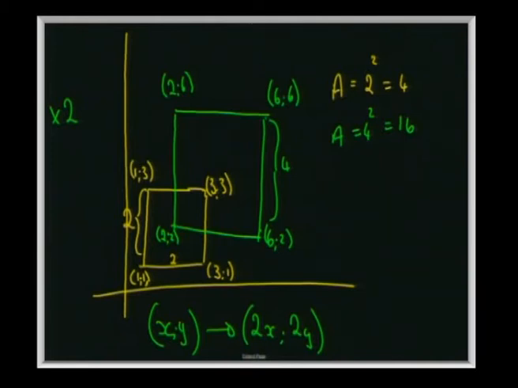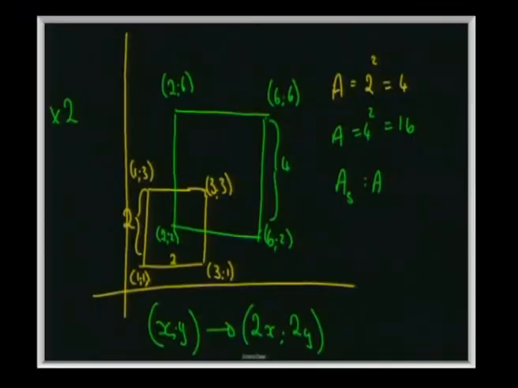So if I look at the ratio area small to area big, I have the ratio 4 to 16, and we all know that we have to simplify our ratios. I'll get the ratio 1 to 4.